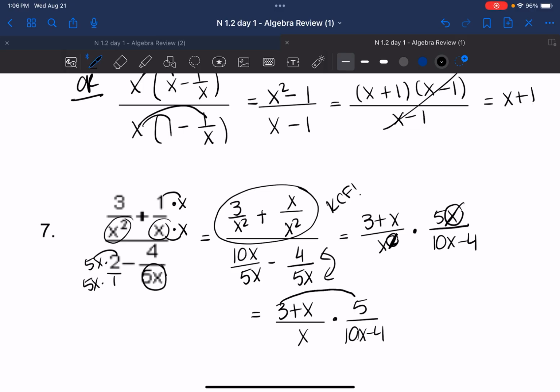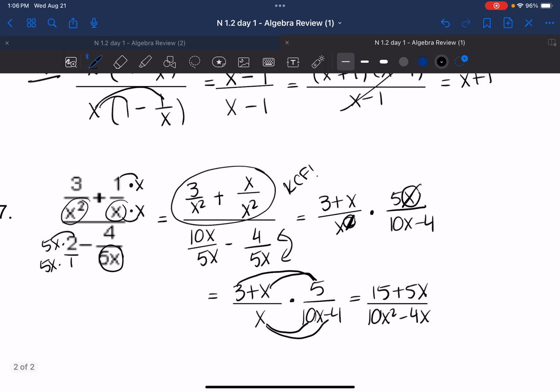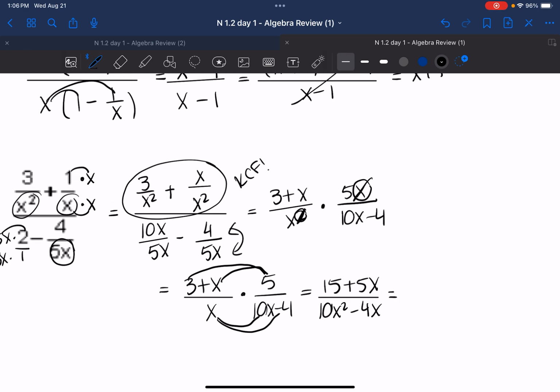So I'm going to have 3 times 5, which would be 15, and x times 5, which would be 5x, over x times 10x, which would be 10x squared, and x times negative 4, which is negative 4x. I could factor out a greatest common factor between these here.